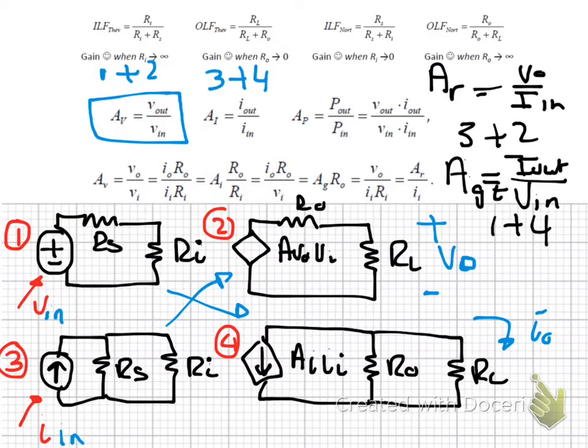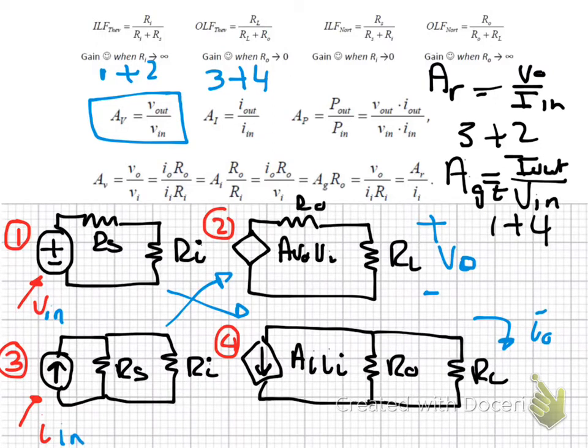Your loading factor is basically either a current division or a voltage division, based on which of these 4 stages make up your amplifier, one of your 4 amplifiers.